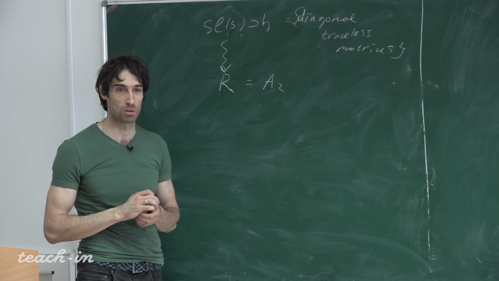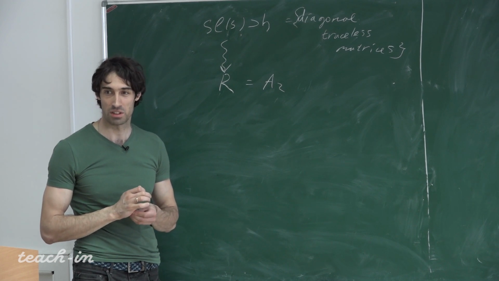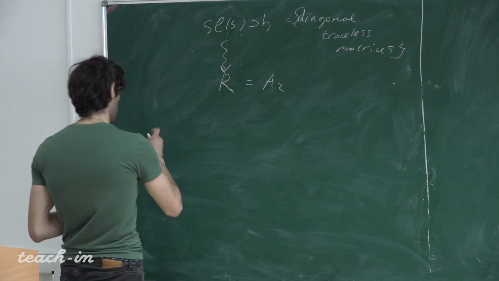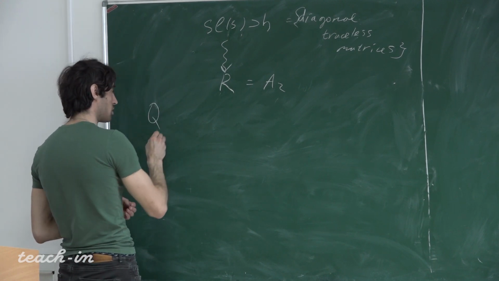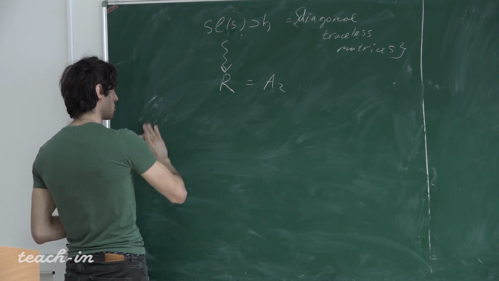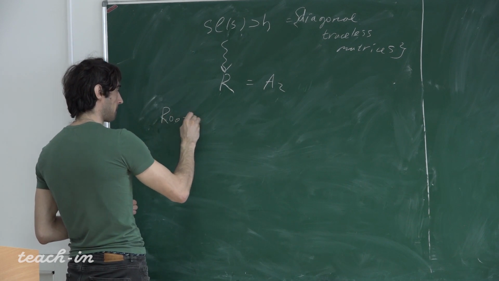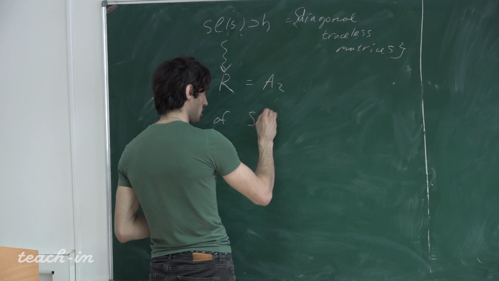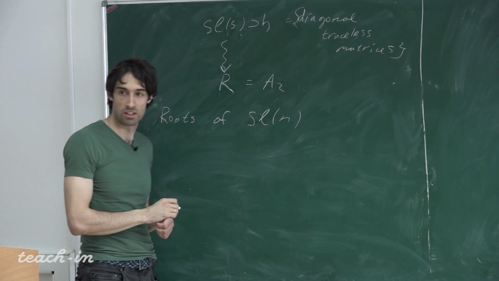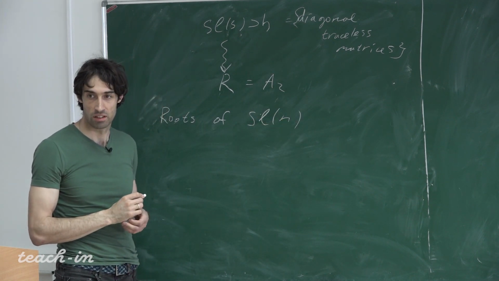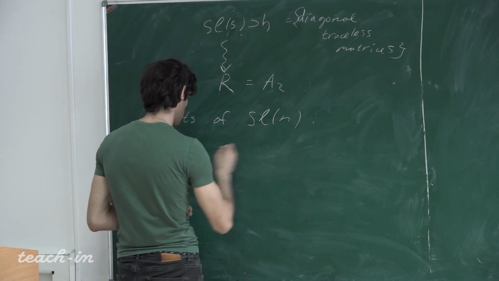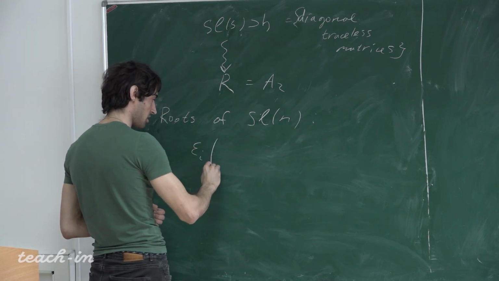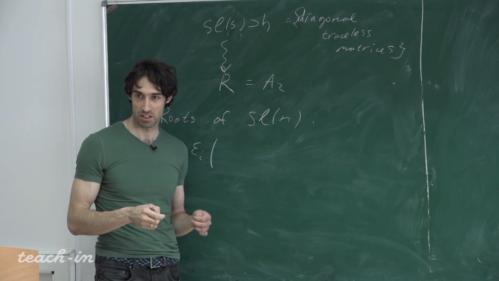We just can count roots, right? So what are the roots? First of all, let's recall what are the roots of SLN. It's epsilon I minus epsilon J. So what is epsilon I? I think you were discussing this, right?